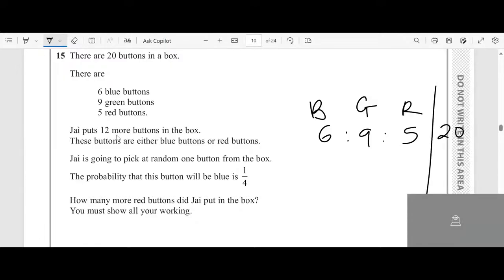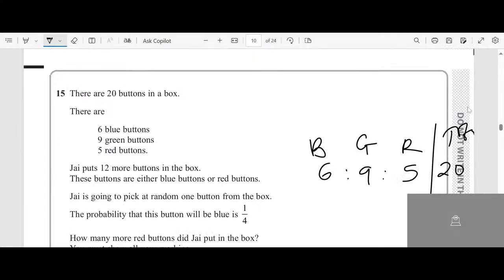Now Jai puts 12 more. So the total, if Jai puts 12 more, it means that the total is going to be increased to 32. These buttons are either blue or red. So green was not affected. Green is still 9 because they are either blue or red.